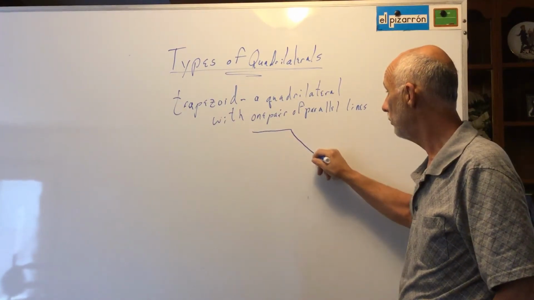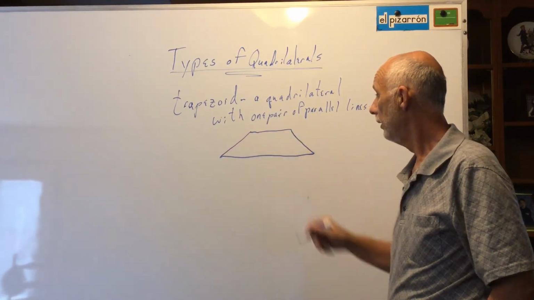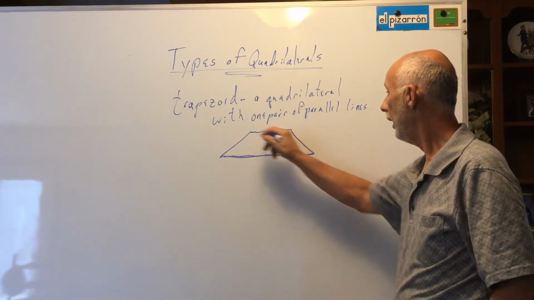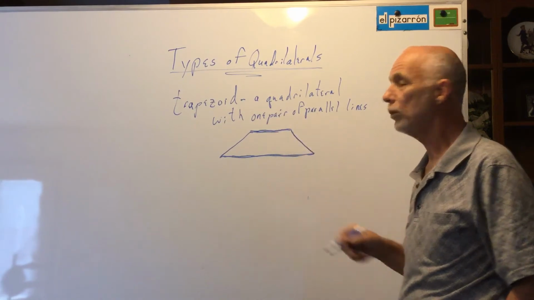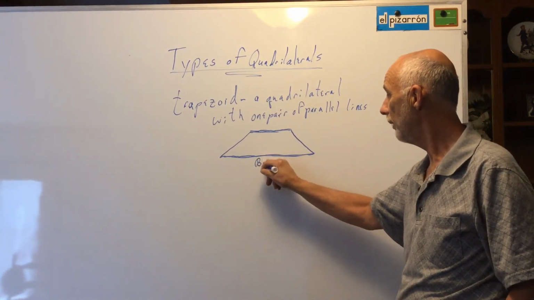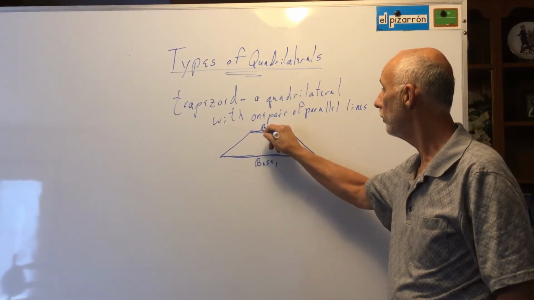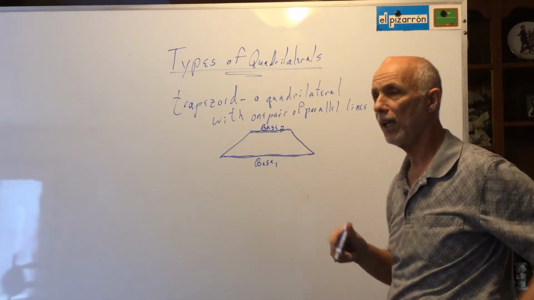So a trapezoid would look something like this, okay? And you can see that the bottom and the top are parallel. By the way, those are referred to as the bases. This would be base 1, and this would be base 2. They're referred to as the bases because they're the two parallel lines.